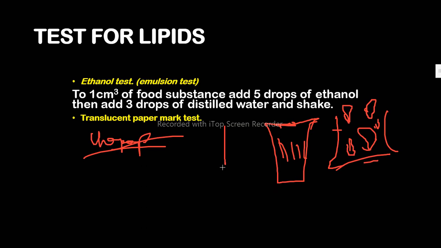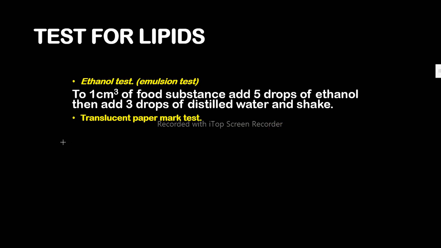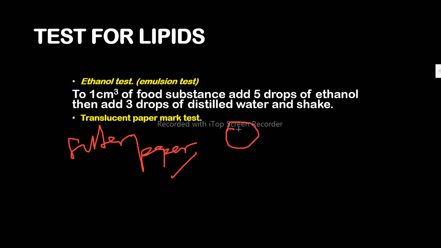So if that is the test that you are going to do, you get your filter paper, okay, and then on the filter paper you put your food sample. If it's a solution, you just add drops of the food on that filter paper.